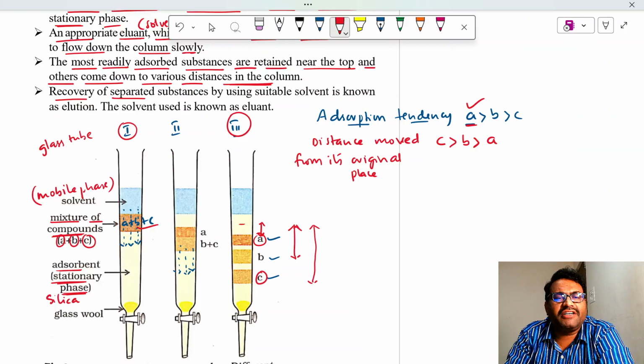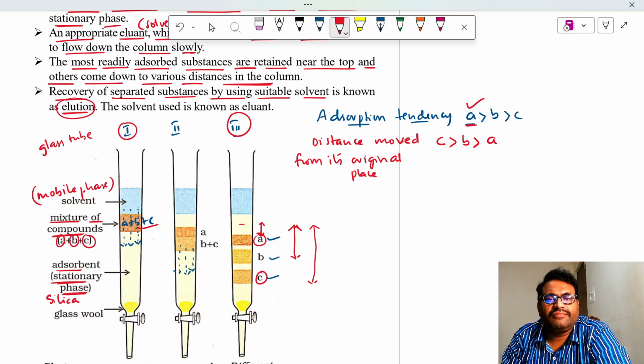Recovery of the separated substance by using a suitable solvent is known as elution. So after they get separated, we recover these substances. Recovering them, we will find what is A, what is B, what is C by using appropriate solvents.